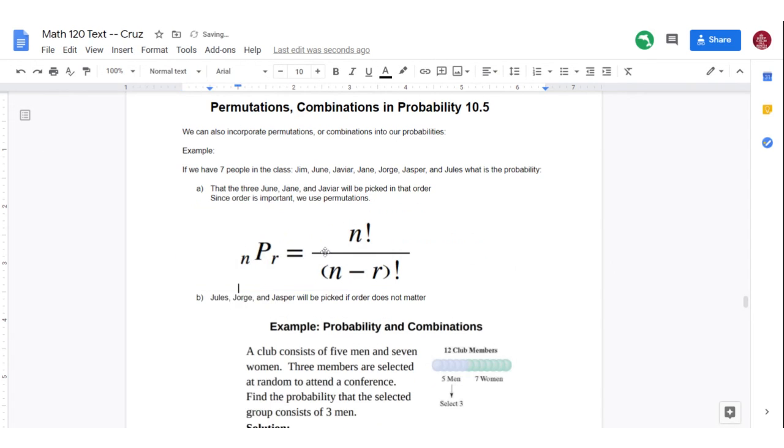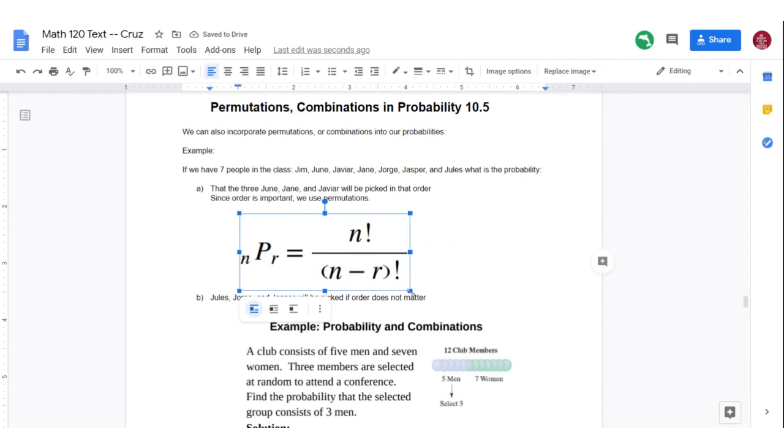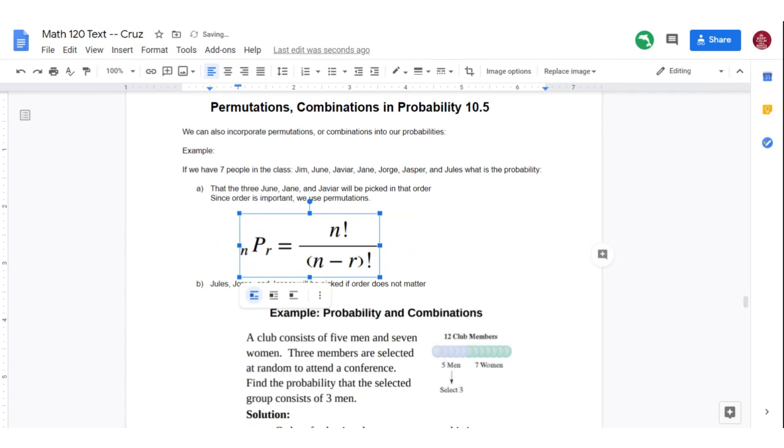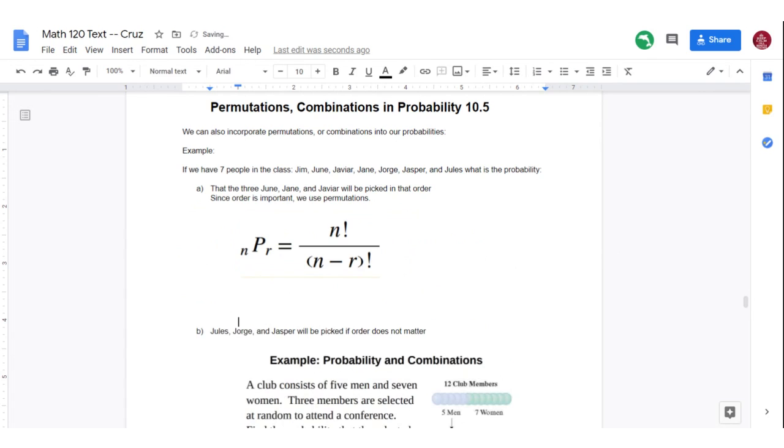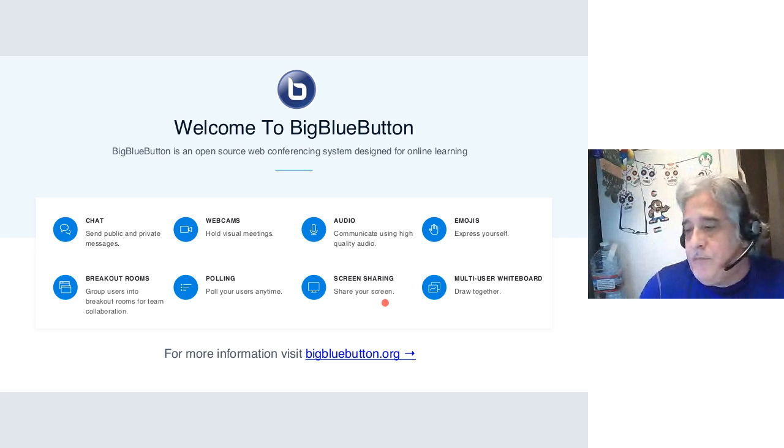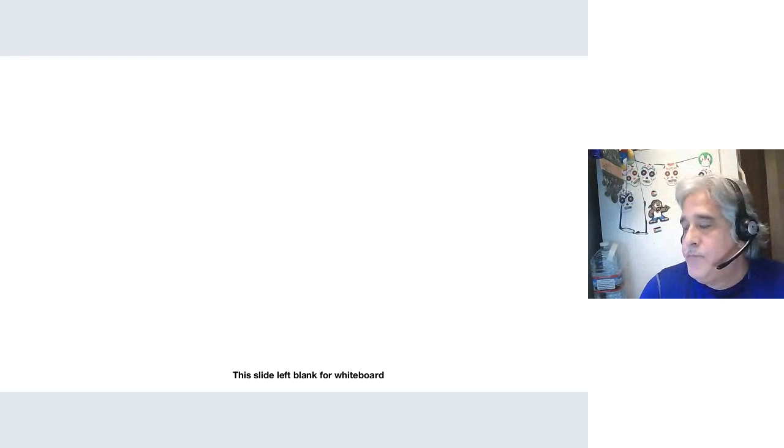Now, we're only worried about that one order. So essentially what we're going to do is we're going to do this. Maybe I ought to write it on the board, but it's going to be hard to type that in. So we're just concerned about order.